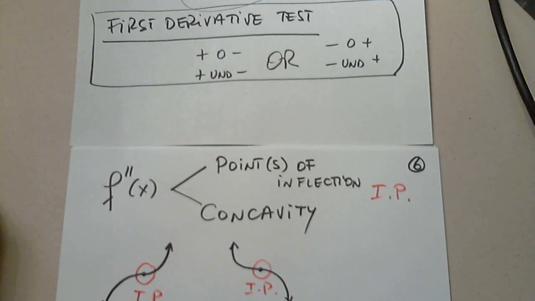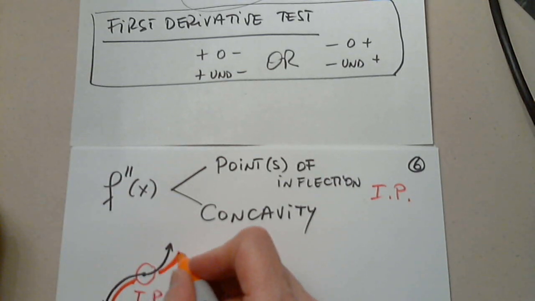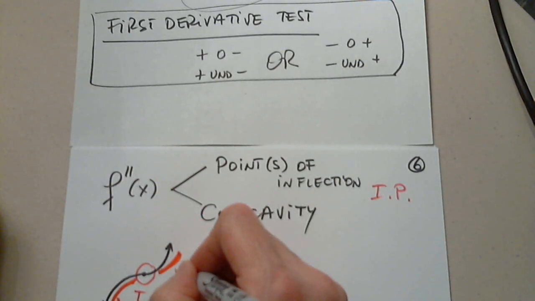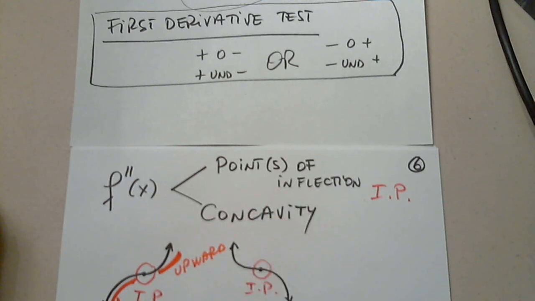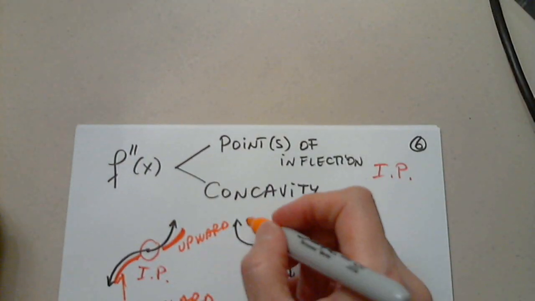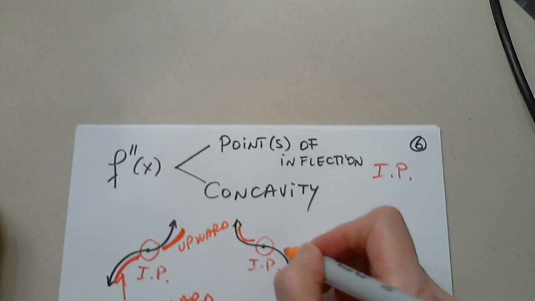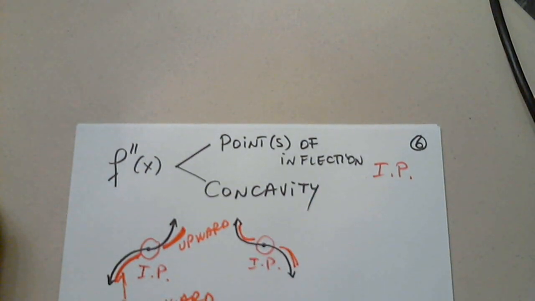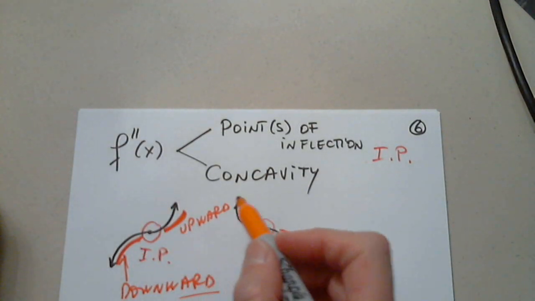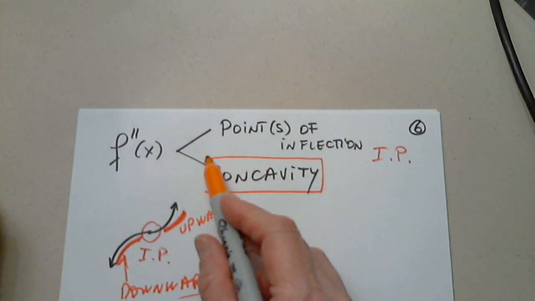Notice that here the function is opening down, and here the function is opening up. So this is downward, and this is upward. It can be the other way around. It can be opening upward and then opening downward. Downward and upward make the concavity.